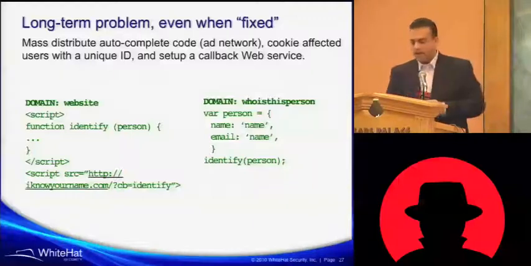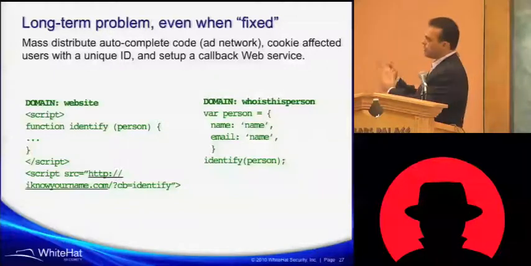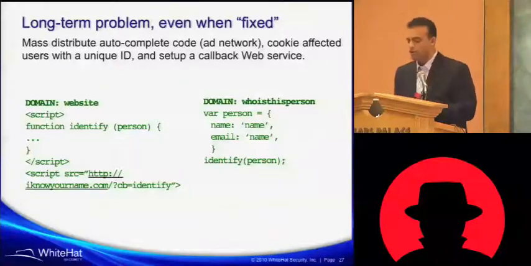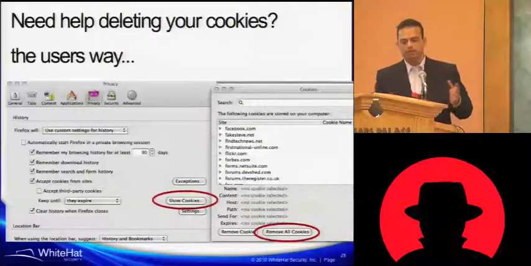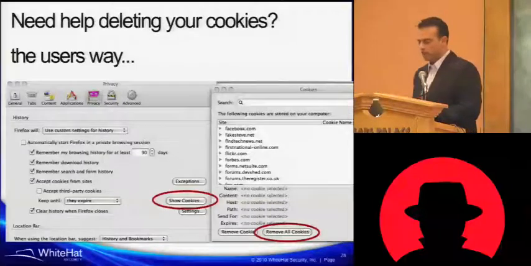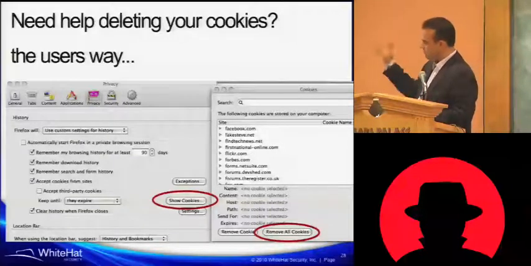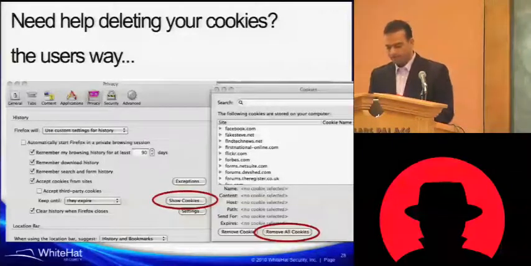So I got the idea, okay, we can ask people to delete their cookies as a privacy mechanism or as a way to solve this particular problem. And the regular user way to get rid of cookies depends on the browser. You just do the show cookies option, right? And you select all the cookies and you delete them. I wanted a better way, a hacker's way.